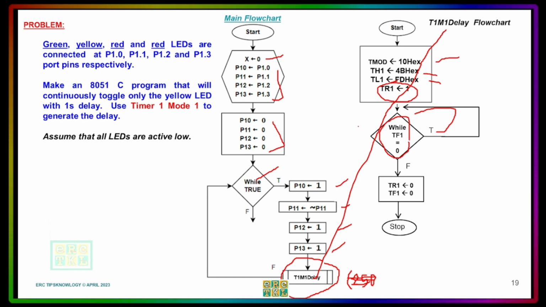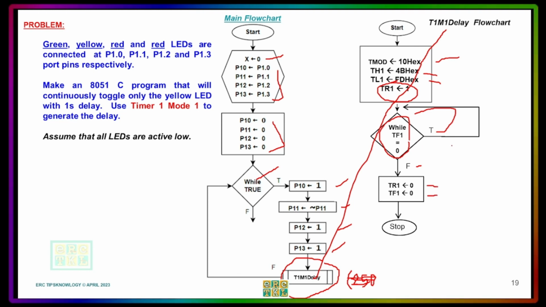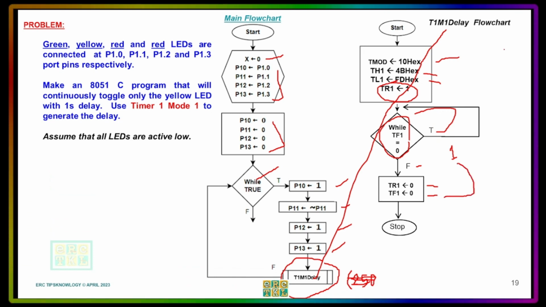And then this will become false because 1 is not equal to 0. And then we stop the timer and we clear the flag, because the microcontroller makes the timer flag equal to 1 when it is done with its timer. And that's why we need to make it 0 again. So basically, these are the commands that we do inside the timer delays.